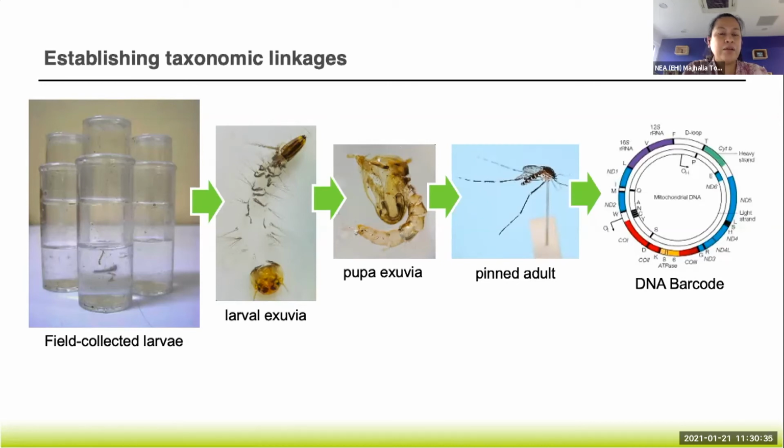So we actually use a higher concentration, higher than 70%, so that when you preserve your larvae in it, you're sure that the concentration of your ethanol will not go lower than 70%.